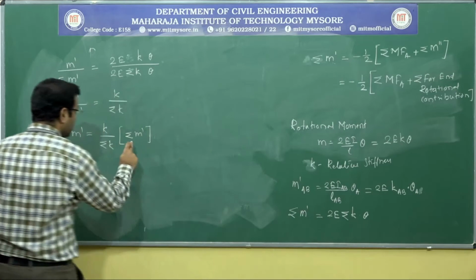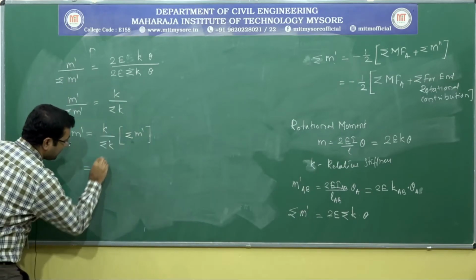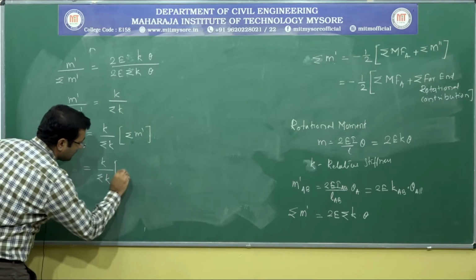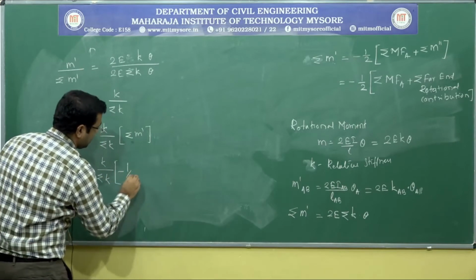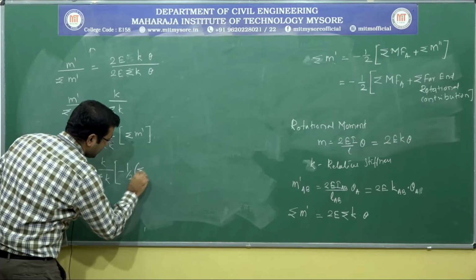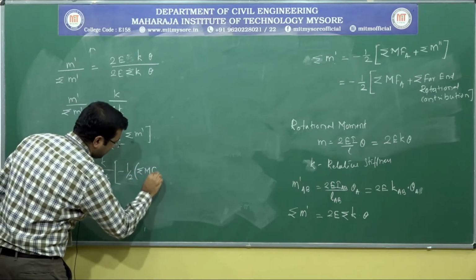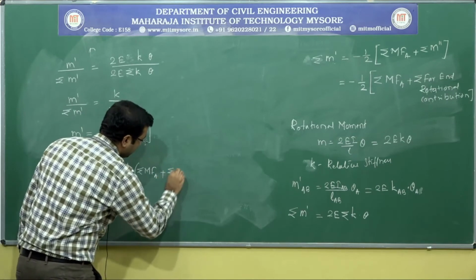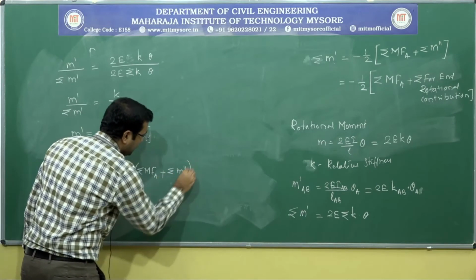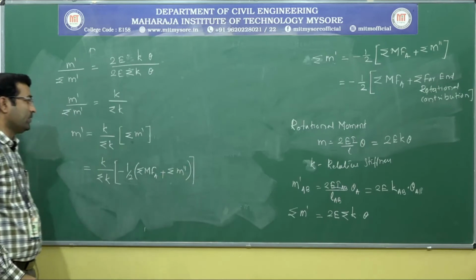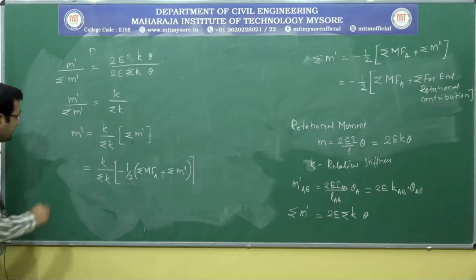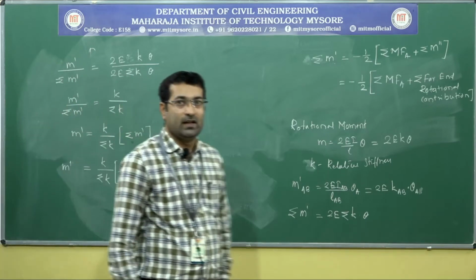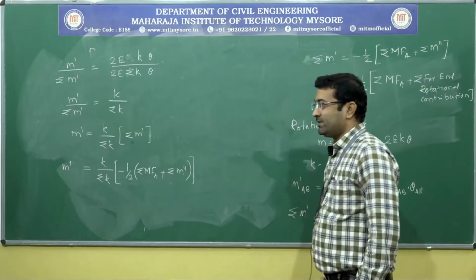If I substitute that value here, it is K by summation of K into minus half of the algebraic sum of fixed end moments at any joint plus the summation of the far end rotational moments. So this is the equation to determine the rotational moment at any joint.